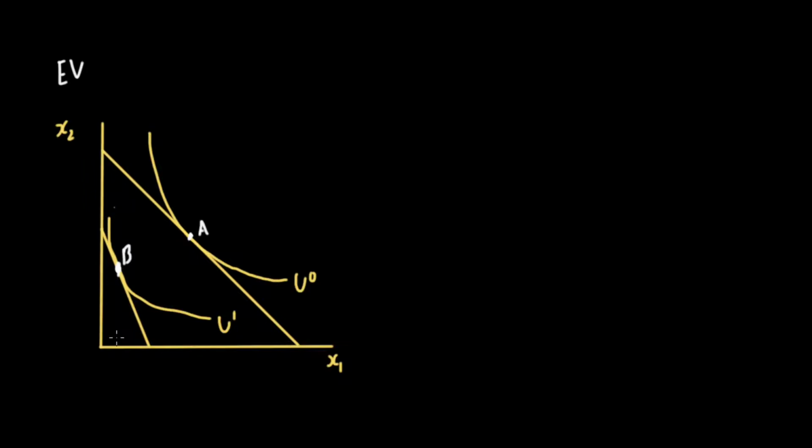And so what we're trying to do is actually to shift the original budget line to the left or downwards, so that this original budget line would now be tangent to the new utility level as if there were actual price changes. Now, I know this may sound confusing, and it is really confusing at first, but maybe after a few examples we'll understand how the equivalent variation actually works.